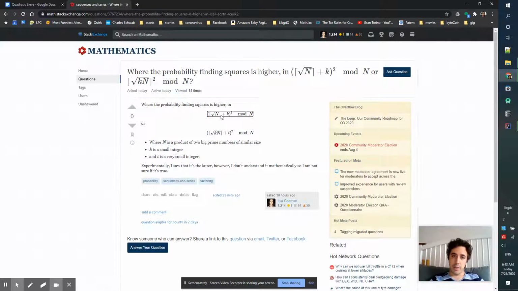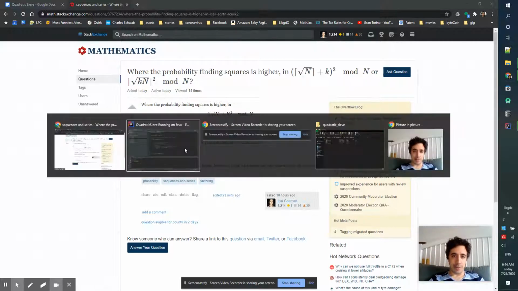But for k equals 3, until that expression reaches 3n, it will take at least square root of n times. Yeah, I don't really know the mathematical explanation for it. This is why I'm asking this question, as you can see. But let's try this optimization, and I hope I can show you that it indeed works better.